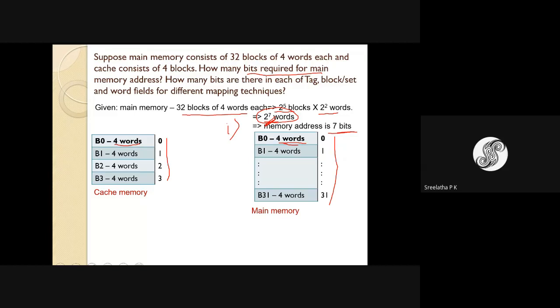The second question is, how many bits are there for tag, set and word fields? Shall we go to the second question? I think there is no doubt in the number of bits for the main memory address. Any doubt?